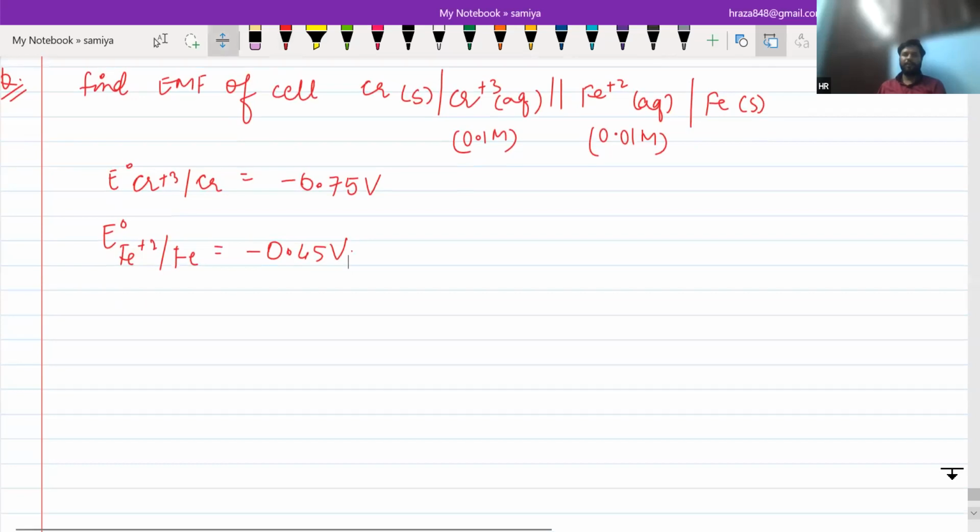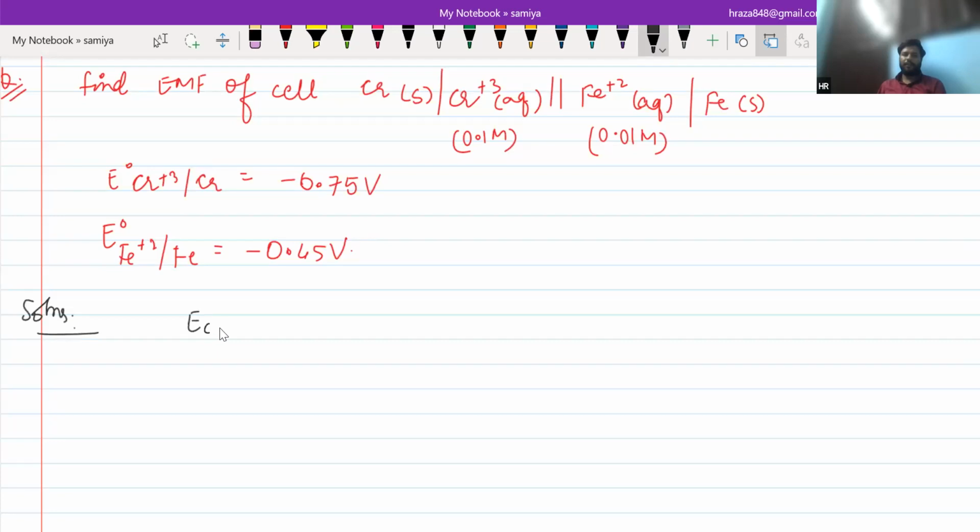I'll just give you hints. First of all, just write the formula for E cell. We need to calculate E cell. That will be equal to E naught cell minus 0.059 upon n log to the base 10 of product upon reactant.